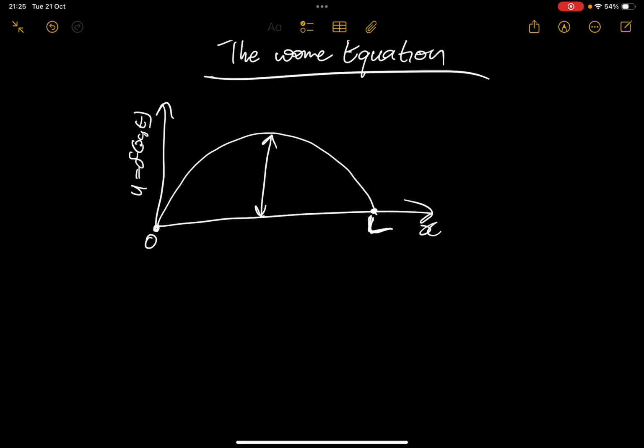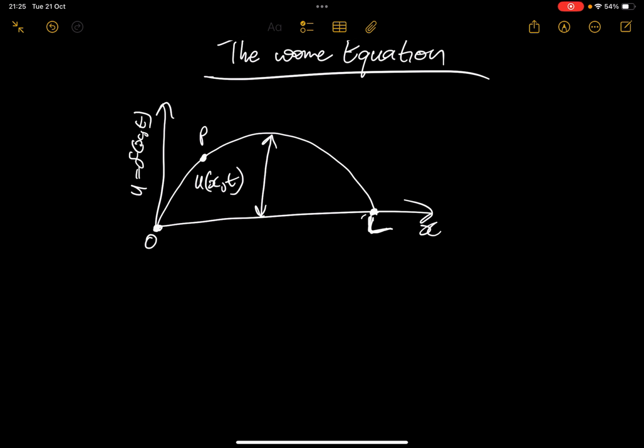So what is going on here? We have a string that is displaced between two fixed points, right? And we can choose a position P on the string, and that position will depend on the distance from one end, and also on the instantaneous time. So we can evaluate this point based on the distance from one end between these two ends, and also the time of displacement at that point.